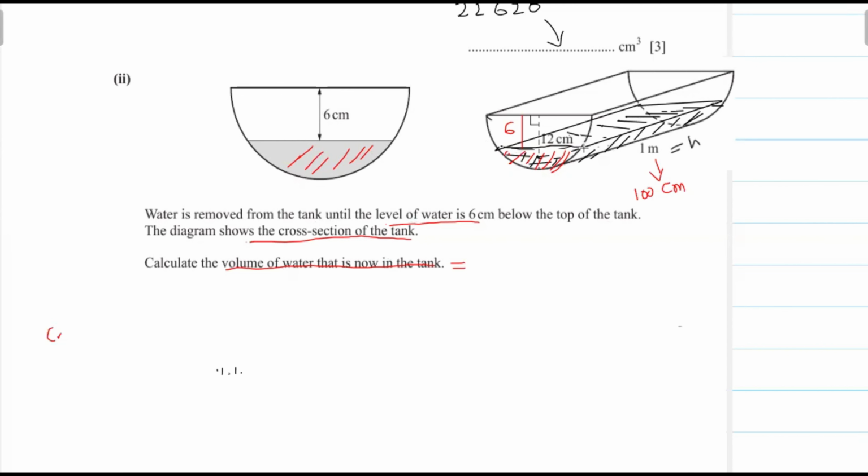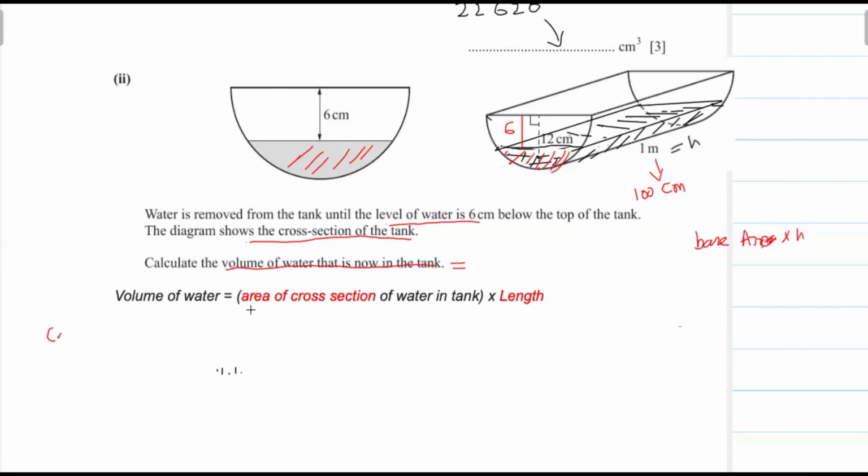The volume of a regular shape is equal to base area times height. Here the base area is the cross-sectional area of the water in the tank. Therefore, the volume of water in the tank will be equal to the area of the cross-section of water multiplied by the length. Here the height is the length.